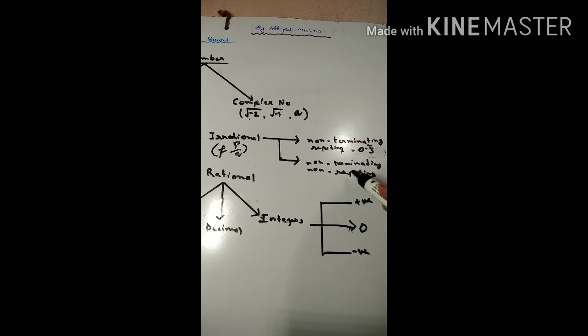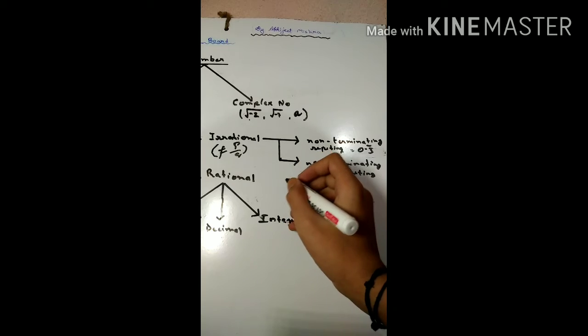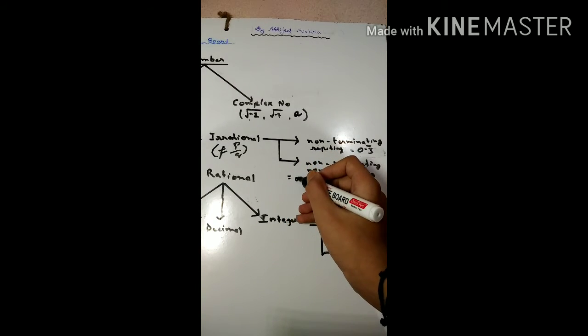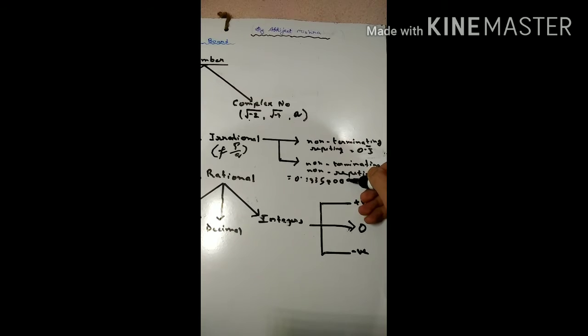Now let's come to non-terminating, non-repeating. Means in this case the number will not come to an end, and in addition it will not repeat also. For example, 0.123570009, means it will not repeat its digits continuously.